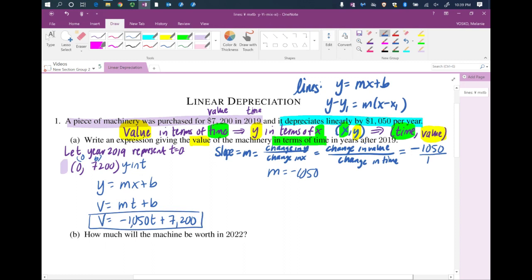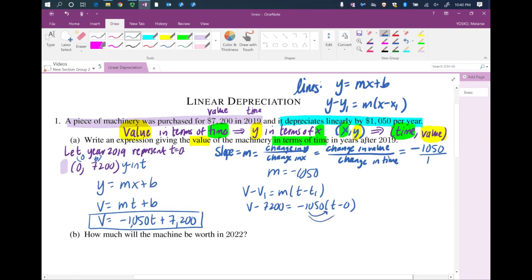Maybe you didn't recognize that we had the y-intercept. If you didn't, that's okay. You could do v minus v1 equals m times t minus t1. And you plug in the point t1, v1, which we found as 0, 7,200. So you would get v minus the y coordinate, 7,200 equals negative 1,050 times t minus 0.